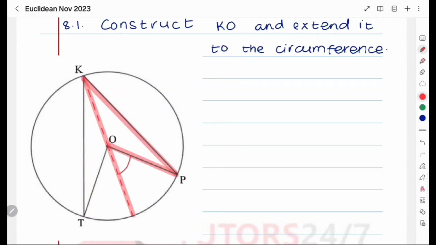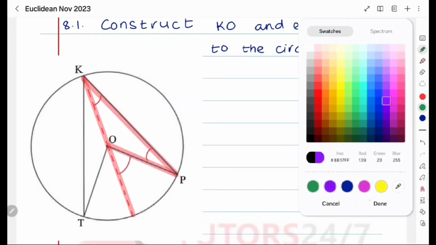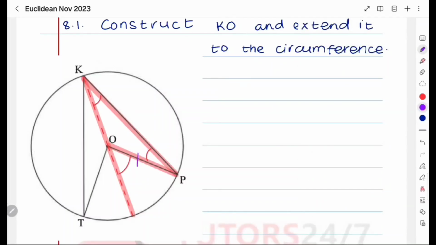So this is the exterior angle of the triangle, and we are going to focus on the opposite two interior angles. Now, something that is very important to take note of is that OK is equal to OP, reason being radii. So let us just put in those markings.